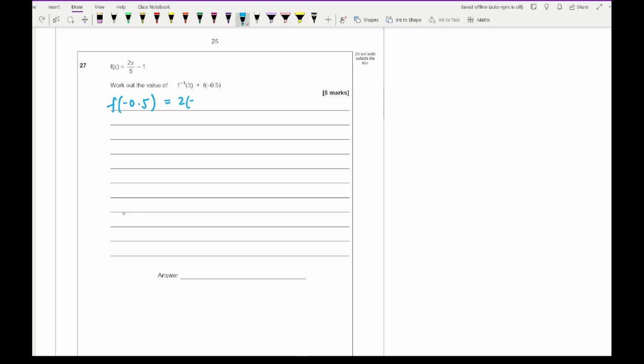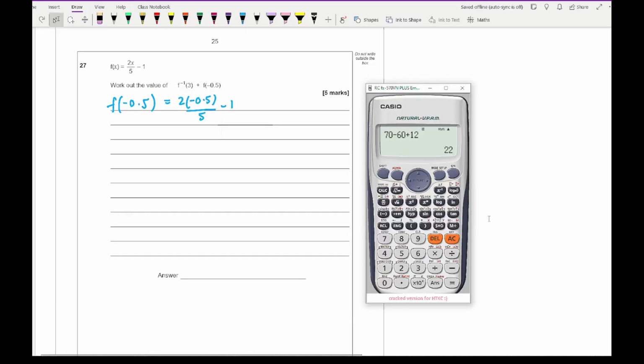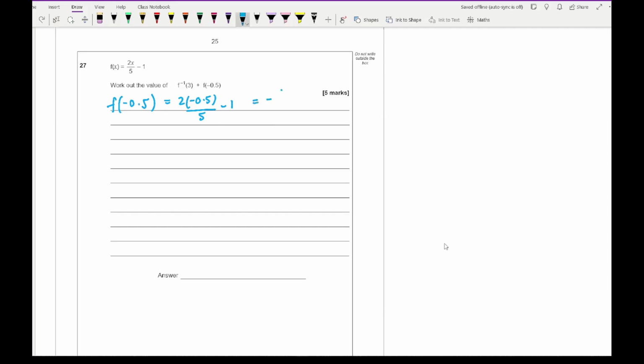So that's 2 lots of minus 0.5 divided by 5, minus 1. If I get the calculator out, I get an answer of minus 6 over 5.